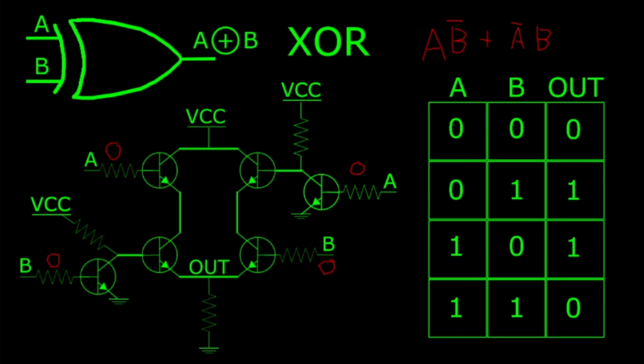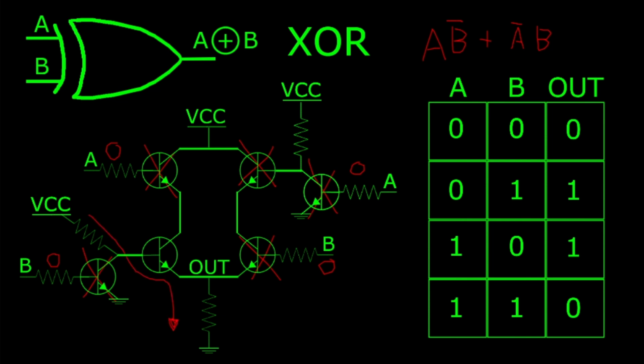So if we make both of our inputs 0, then we can say all of these transistors would be off because there's no base current. This means this transistor will be off too because there's no path for VCC to come through the base and out of the emitter to ground because this transistor is open circuit.